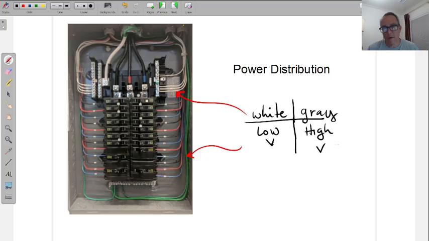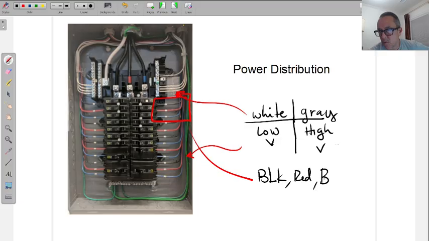Ground is green for everybody. Doesn't matter what it is. And here you can see three coordinated colors of black, red, and blue for the hot conductors. I'll move it down here. Black, I guess an L would work here. Red, and then blue.